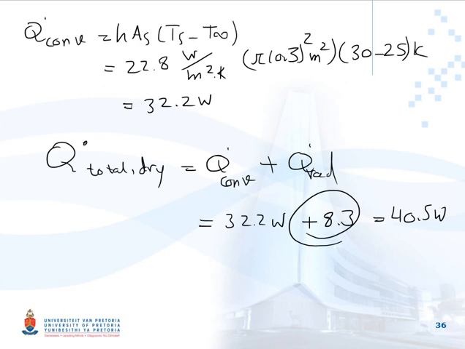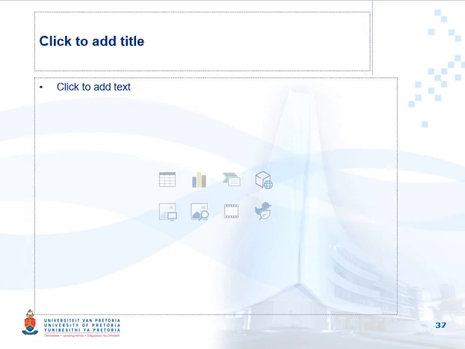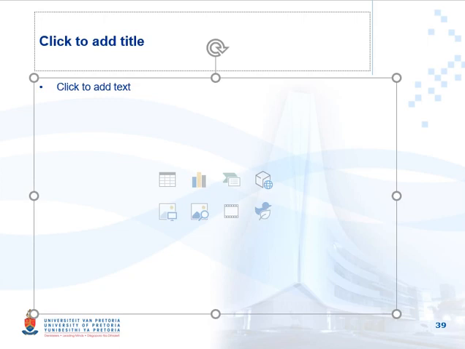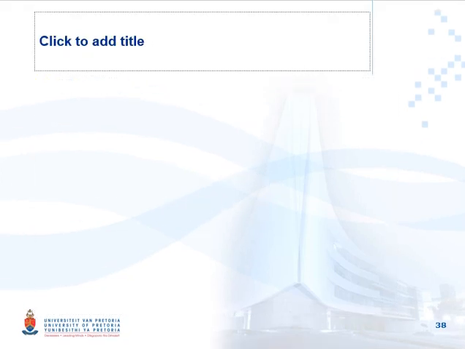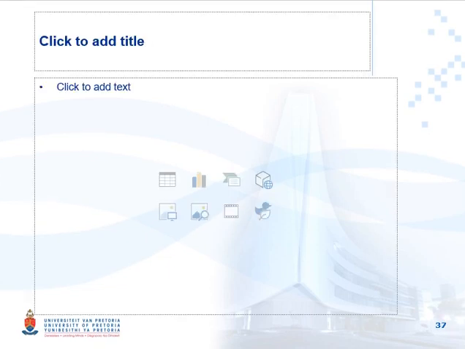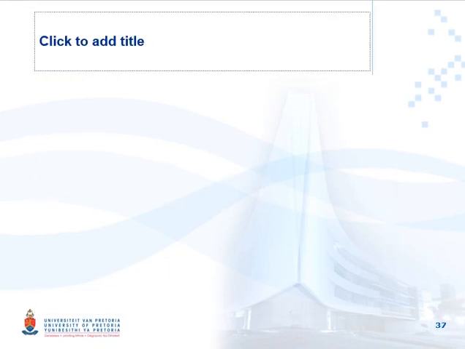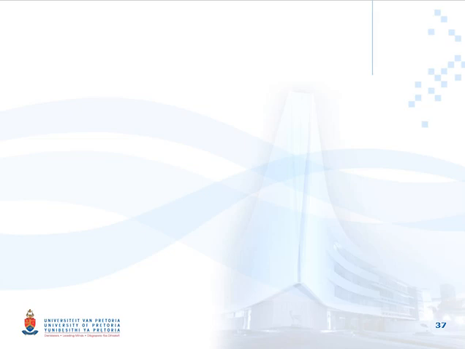Okay, now that we are done with section A, we didn't use any new knowledge of mass transfer. We just focused on the very simple radiation, because we had a temperature difference, but we didn't know whether radiation can be neglected or not.